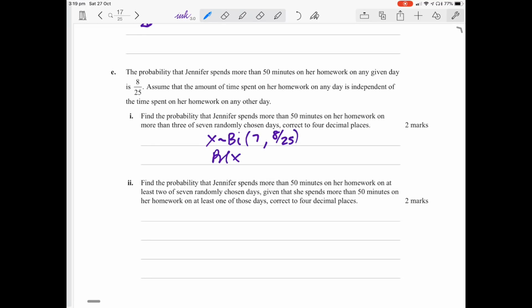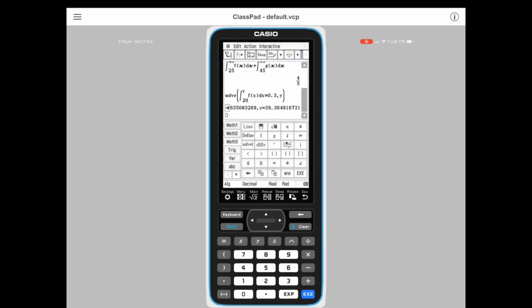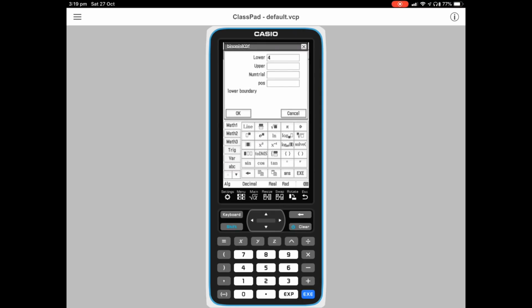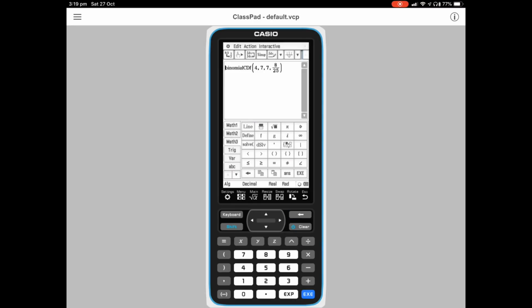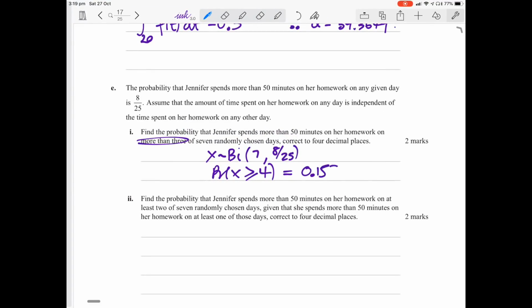The probability that x is greater than or equal to 4 is, using the interactive distribution, discrete binomial CDF, 4 to 7, n is 7, p is 8 divided by 25, 0.1534, to 4 decimal places. That seems right.